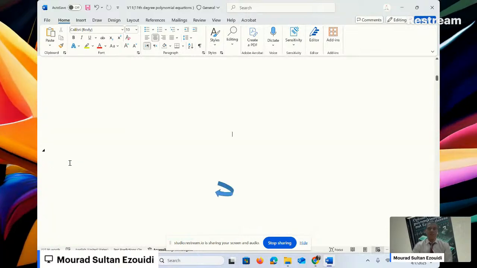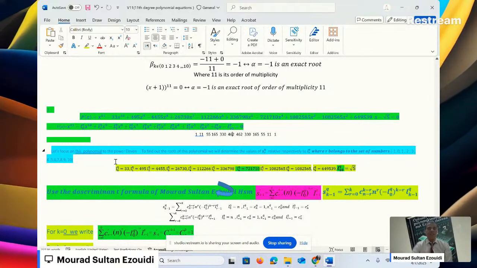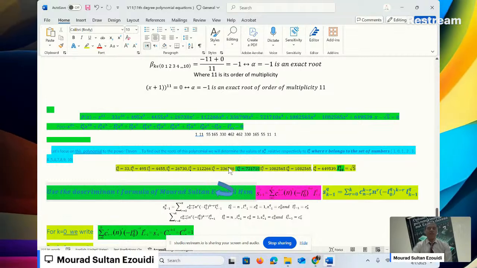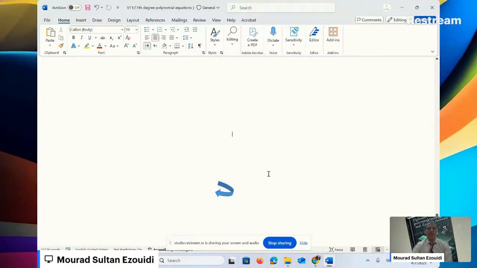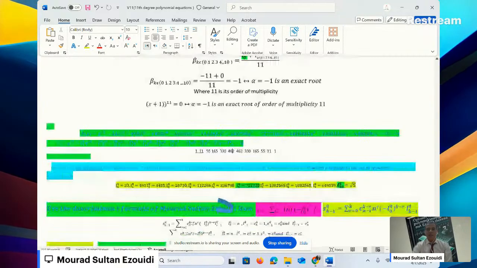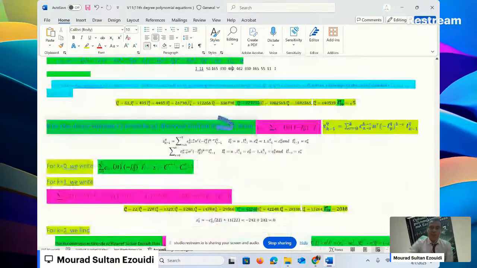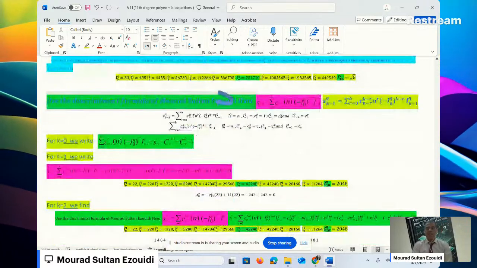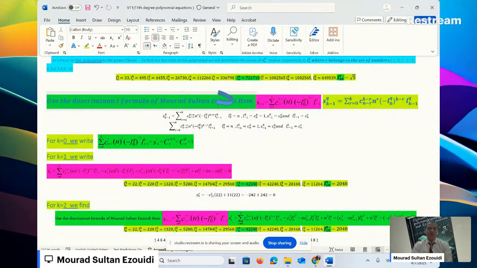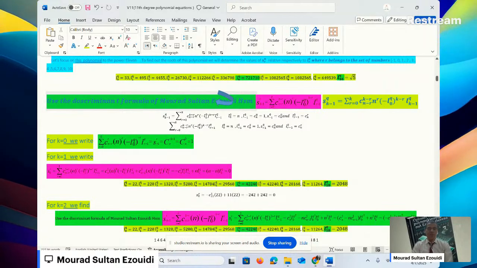So here we start. These are the coefficients of my original 11th degree polynomial equation. Now we should find S minus 1 of 42 and S0 of 42 and S1 of 42 up to S11 minus 1 of 42, meaning up to S10 of 42.